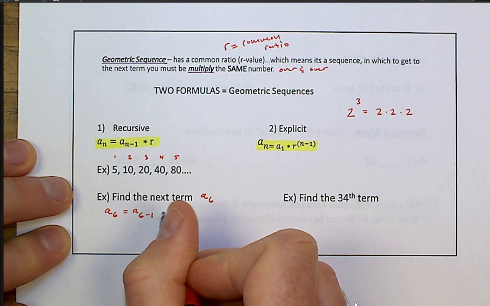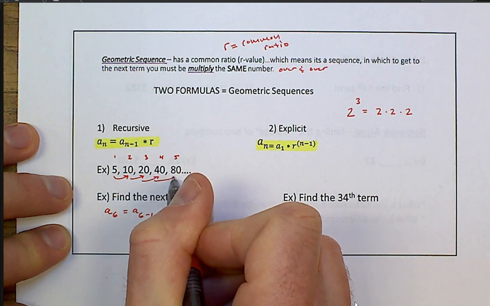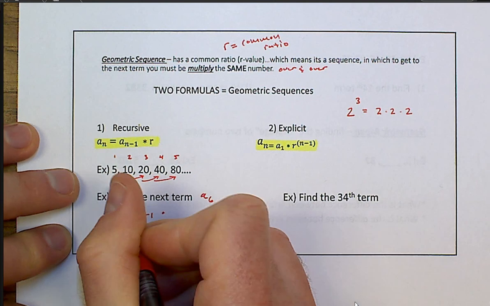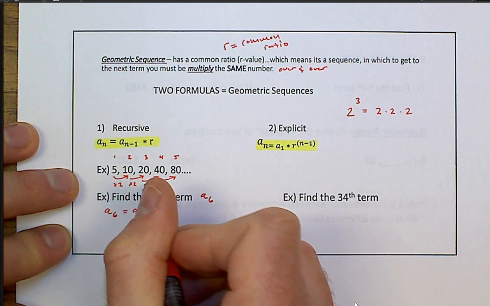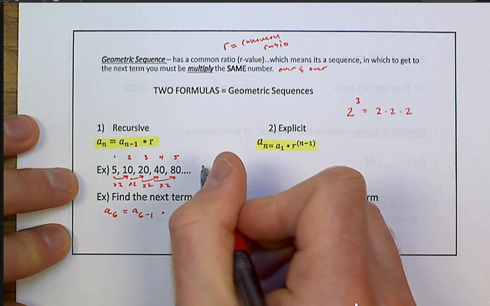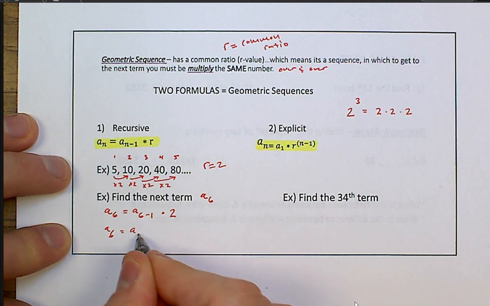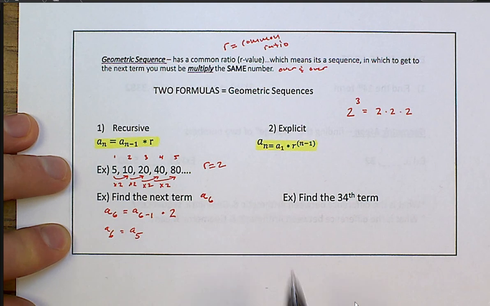Times. Now, what are we doing to each term? Hopefully you can see we are timesing by 2, right? We're timesing by 2, we're timesing by 2. It's all the same number, so my common ratio would be a 2. And so this would be a 2 because I'm just following my formula. So a sub 6 would equal a sub 5, the previous term. 5 comes before 6.